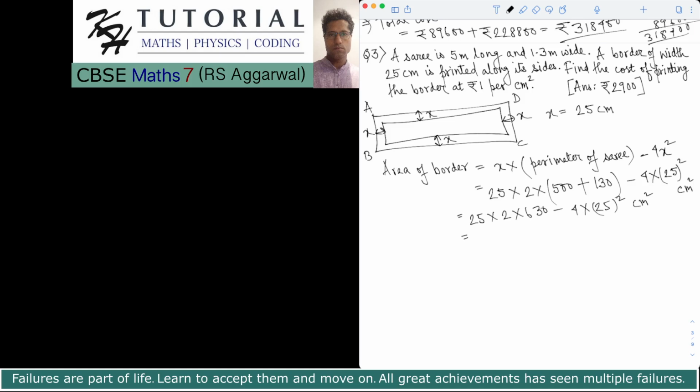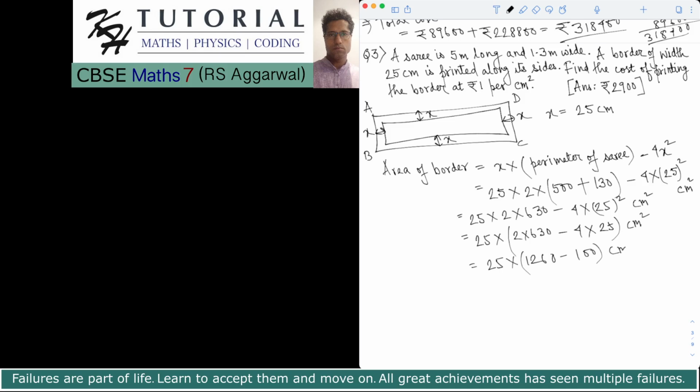Let's take 25 common: 25 multiplied by 2 into 630 minus 4 multiplied by 25. 2 times 630 is 1260, and 4 into 25 is 100.